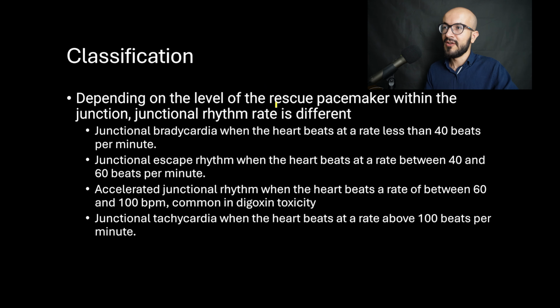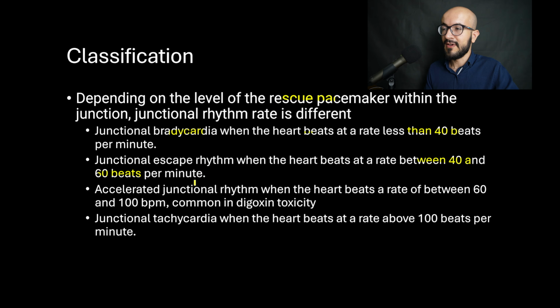Now, depending on the level of the rescue pacemaker within the junction, the junctional rhythm rate is different. So we have junctional bradycardia, and that is when the heart beats at a rate less than 40 beats per minute. And we have junctional escape rhythm when the heart beats at a rate between 40 and 60 beats per minute.